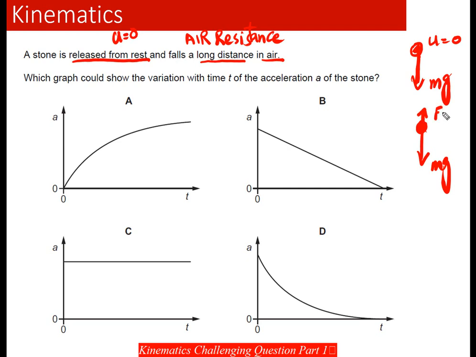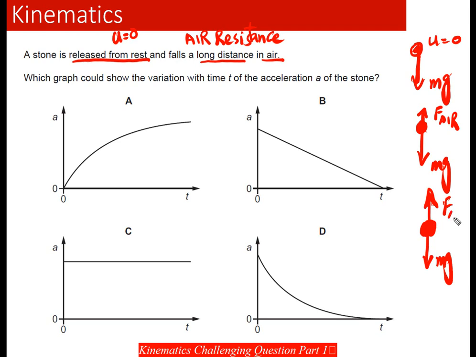So here is air resistance. Air resistance is increasing and it will oppose the motion of the stone. The stone is falling down, so air resistance will act up. Now let's say finally the stone reaches a point where mg is equal to air resistance, meaning these two forces become equal.